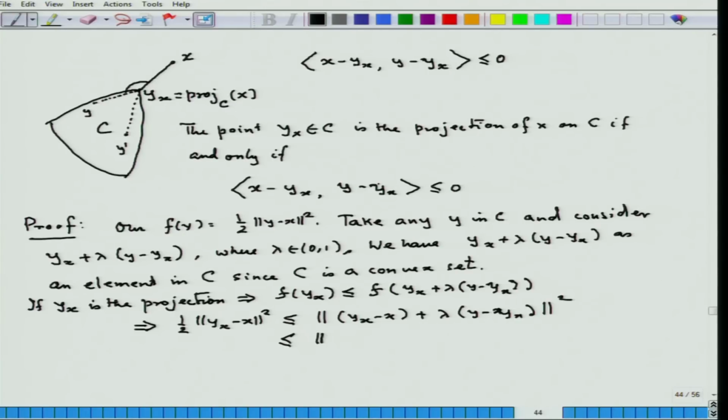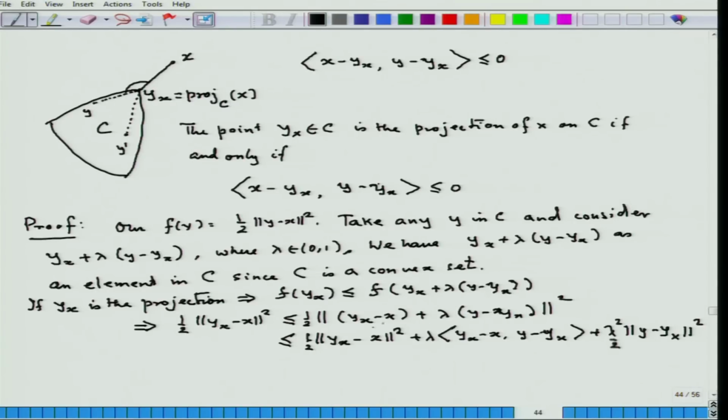If I open up the norm, this becomes half norm y x minus x whole squared plus half into 2 into lambda times the inner product of y x minus x and y minus y x, plus lambda squared times norm y minus y x whole squared.